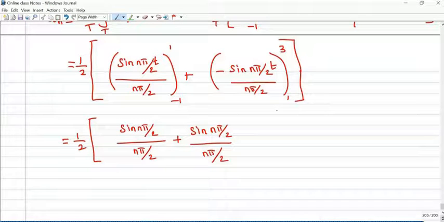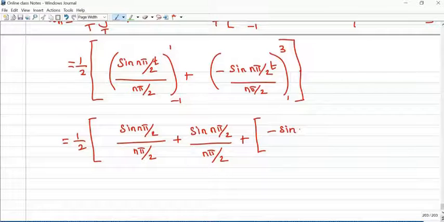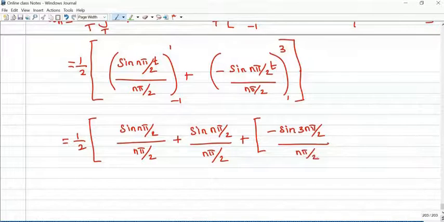On this side let the minus symbol be: minus sin 3 n pi by 2 divided by n pi by 2. Then minus of minus gives plus sin n pi by 2 divided by n pi by 2.